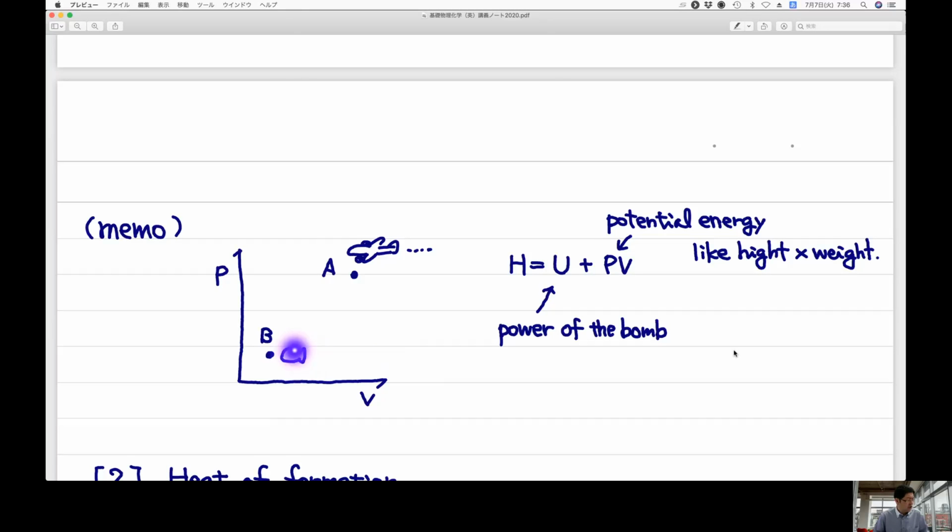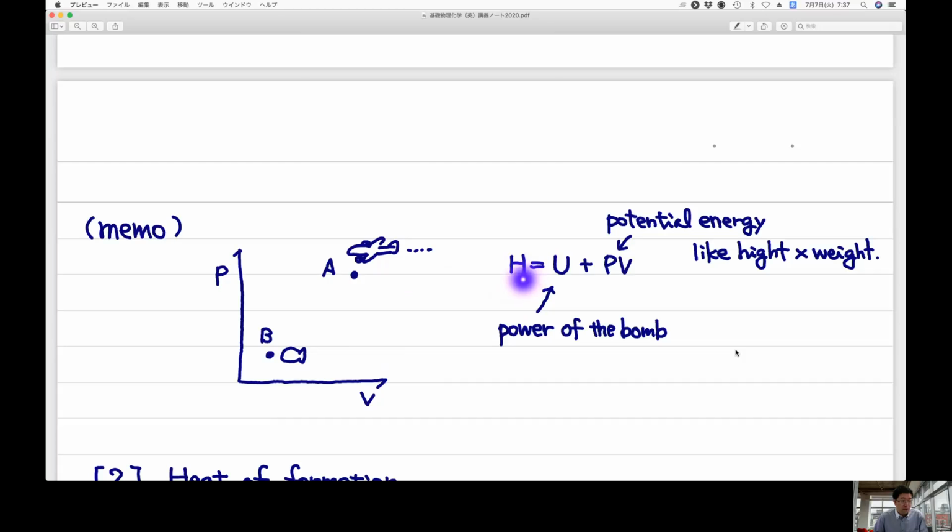It's not so dangerous. But once this bomb is carried up by an airplane to the very high part of the sky, this bomb is very dangerous because of the potential energy. So if you want to discuss the danger of the bomb, you need to think about where the bomb is.